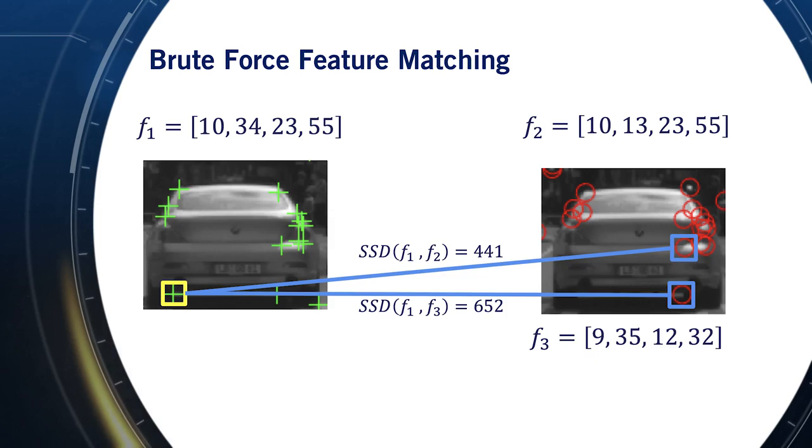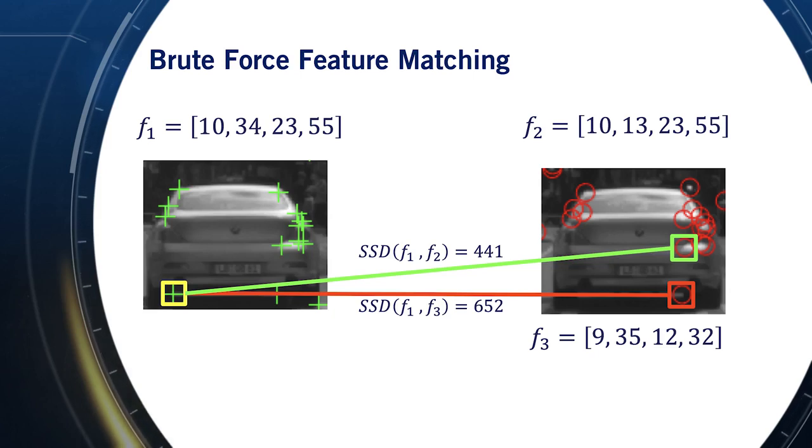Assume that f2 and f3 are the nearest neighbors of f1, with f2 having the lowest score. Although at 441, it is still rather dissimilar to the f1 feature descriptor from the original image. As a result, f2 will be returned as our best match. Clearly, this is not correct, because feature f1 is not the same point of interest as feature f2 in the scene.